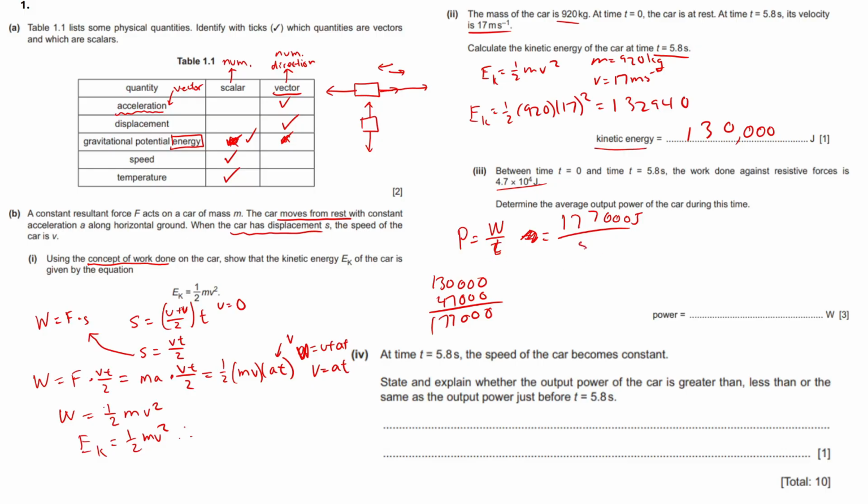So it's going to be 5.8 seconds at the bottom, and then you simply just plug that into your calculator, and you should get P is around 31,000 watts.